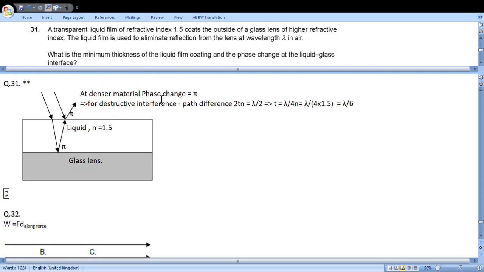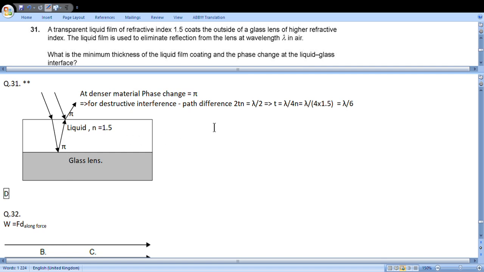At a denser material, the phase change is pi. Glass has the higher refractive index, so the phase change is pi here and pi here. The reflected ray has phase change pi, and the light that goes within the liquid also has phase change pi, but they should come in antiphase, so the path difference should be lambda over 2.